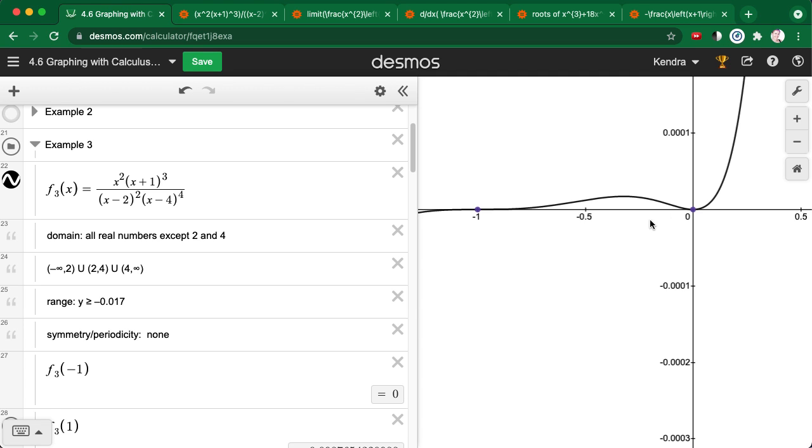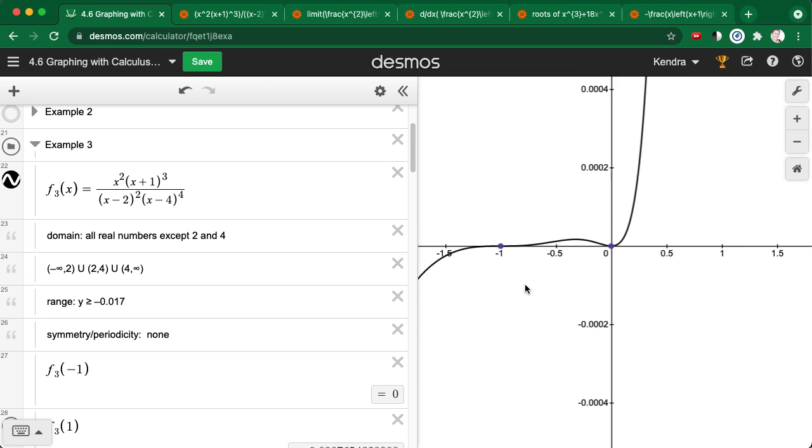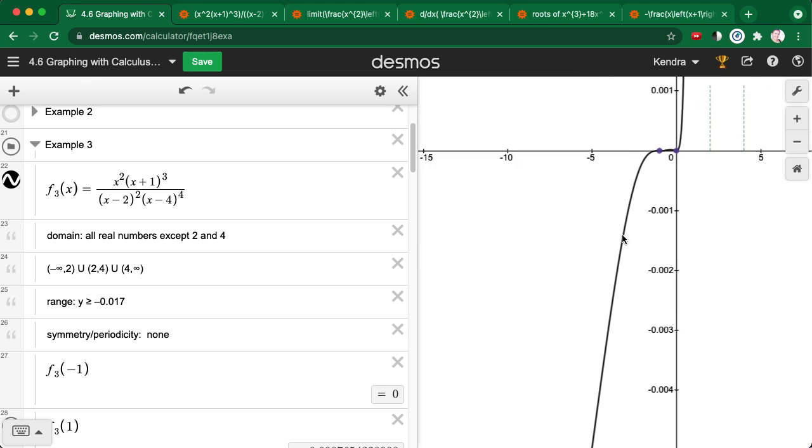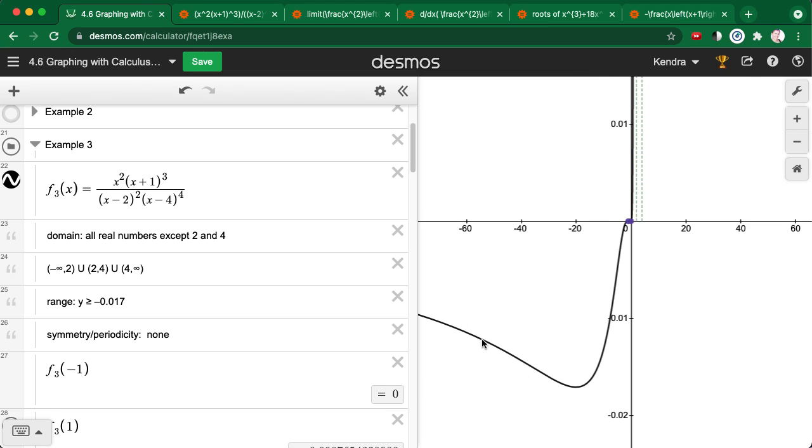This shows you that there's no one picture that is going to show you all of the features of this graph. Here's a view that gives us a picture of that particular feature. And if I zoom way out, I'd have to zoom way out to get a picture of this relative minimum.